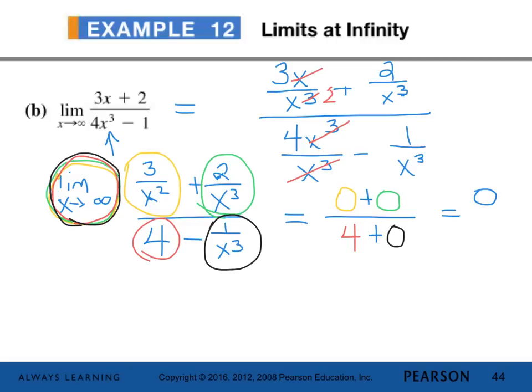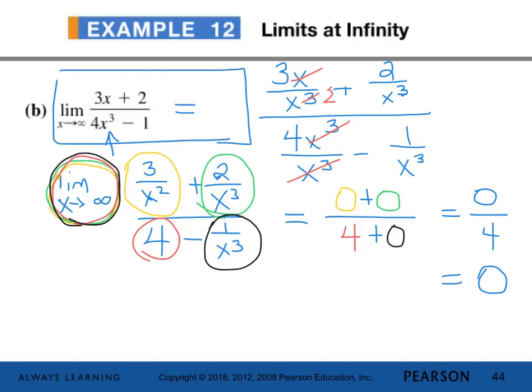And so 0 plus 0 is 0, divided by 4 plus 0 is 4, which is equal to 0, because 0 divided by 4 is 0, and therefore the limit as x approaches infinity of our original expression is 0.